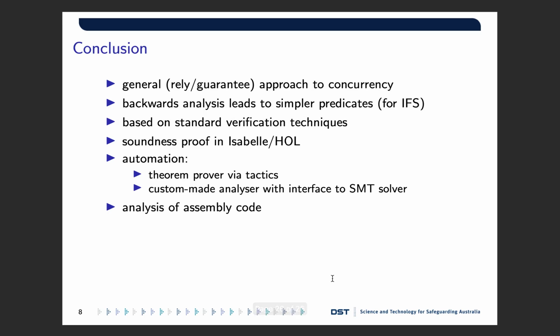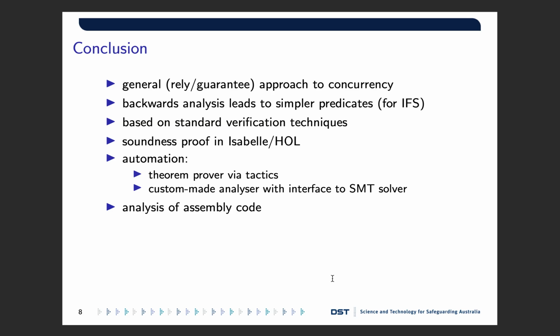In conclusion, we have provided a very general framework based on rely-guarantee reasoning to analyze concurrent programs in a backwards fashion, and this backwards analysis leads to significantly simpler predicates for information flow security in particular. That is because you only feed backwards information of the state that is needed for reasoning.